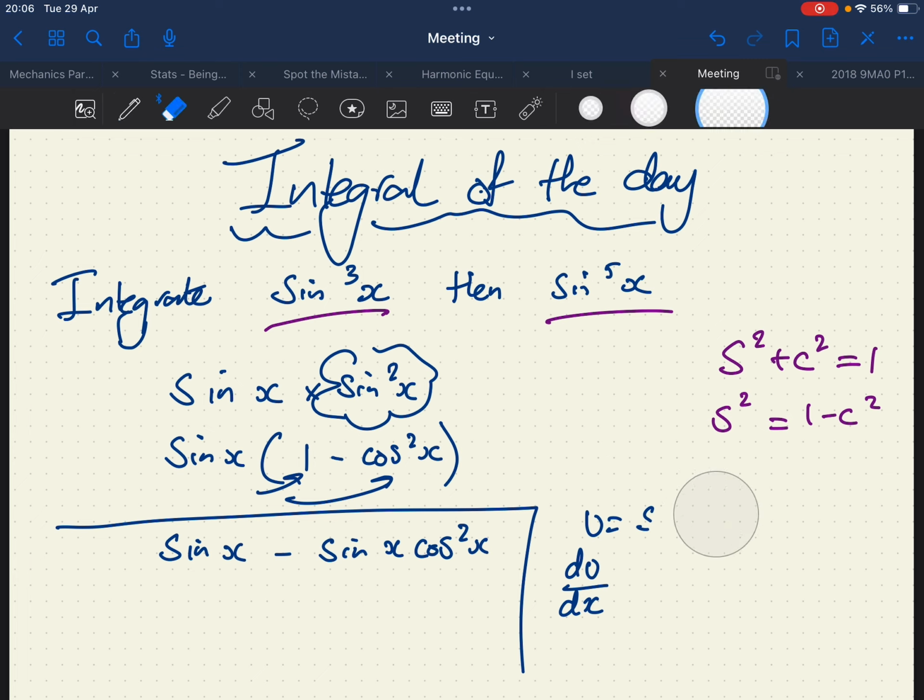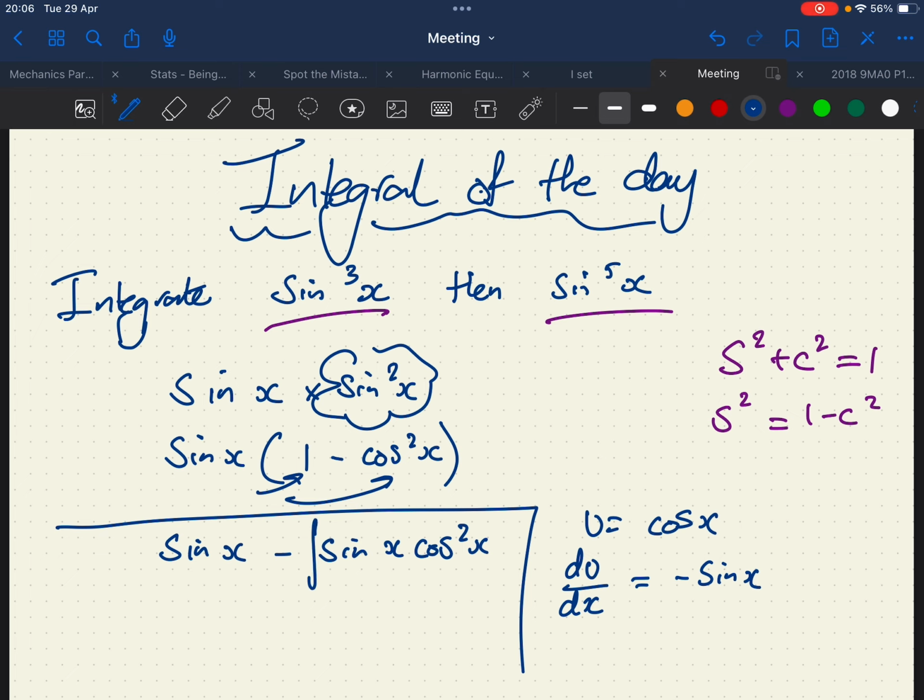No, sorry, I'll make this cos x. So if I do u as cos x and du dx as minus sine x, it's going to mean that I can do something quite nice with this one here. Okay, the sine I would just integrate without any substitution. So that one's just going to be minus cos x. I'll put the minus sign there.